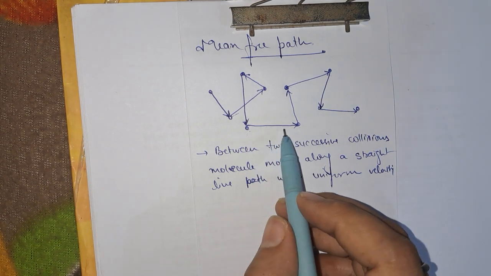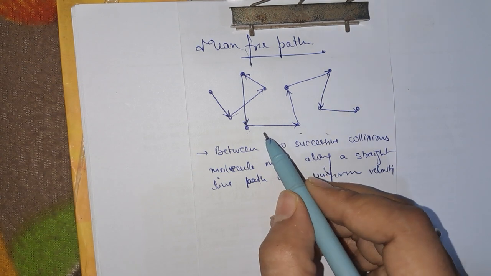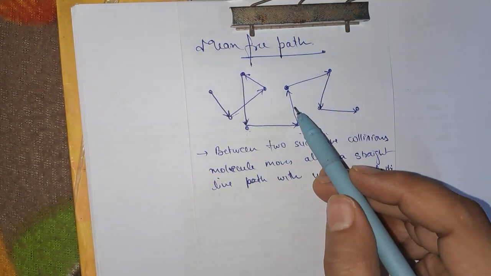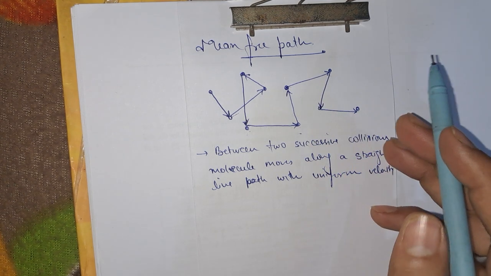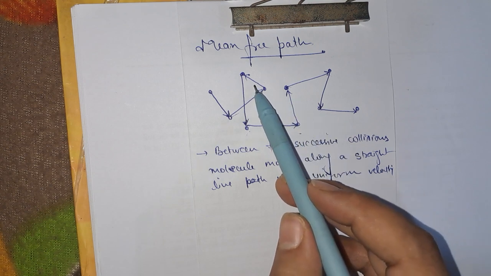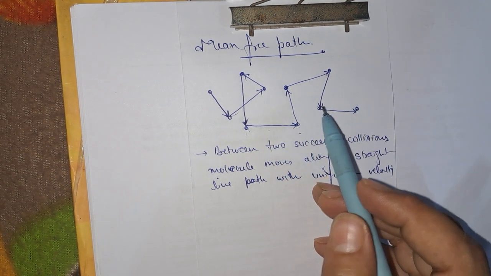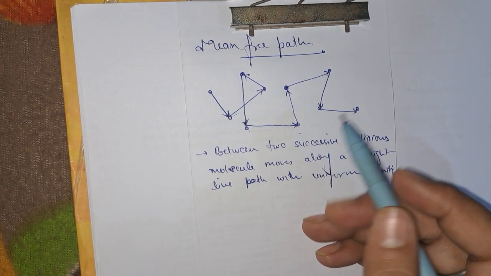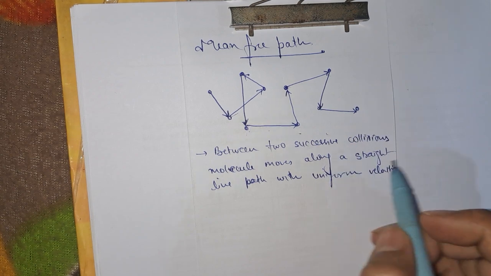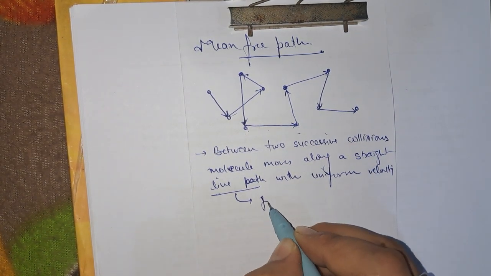So the velocity between these two collisions may be, let it be v1. This would be v2, v3, v4, and you can see the distance is not the same anywhere. Sometimes it is smaller, sometimes it is very large, sometimes it is in between. So this line path is known as free path.